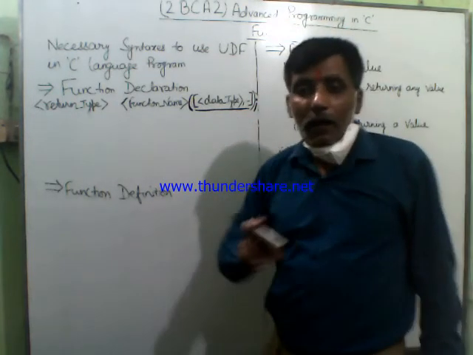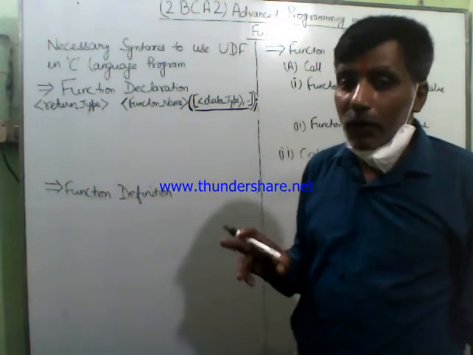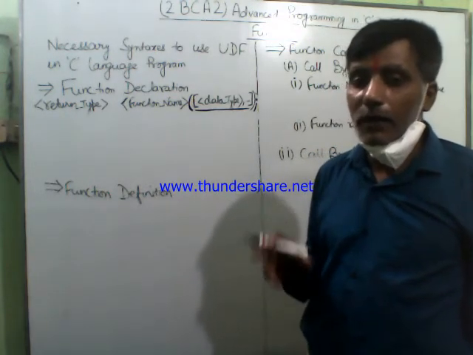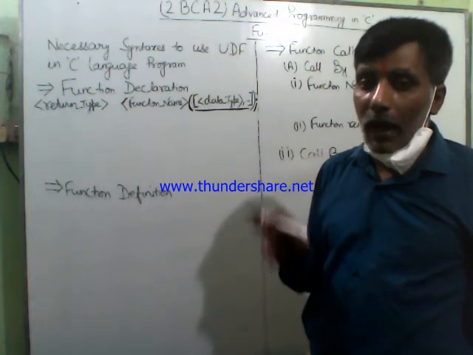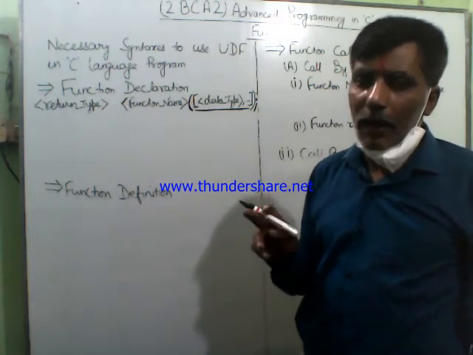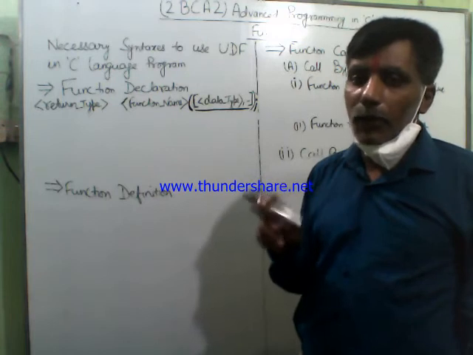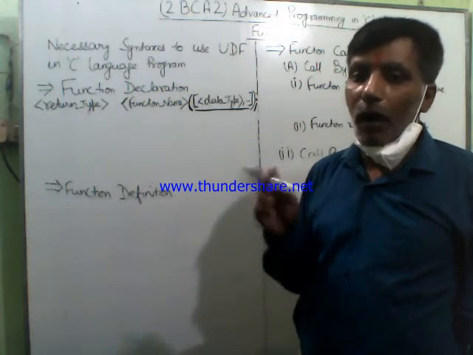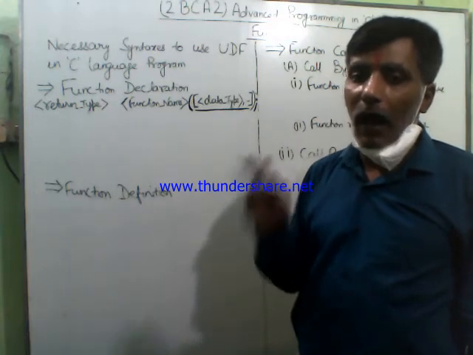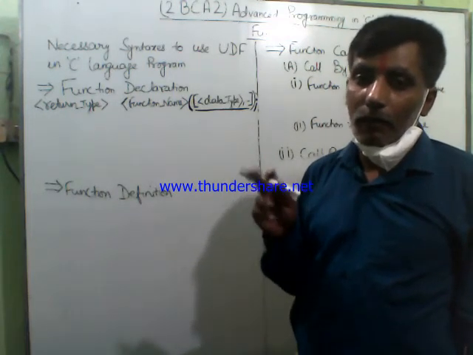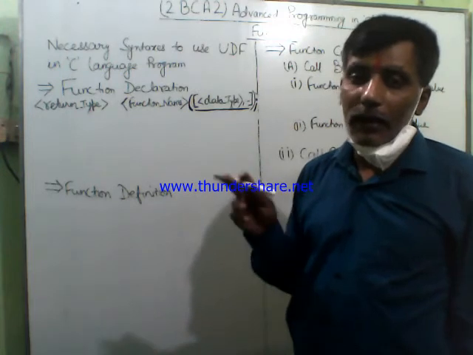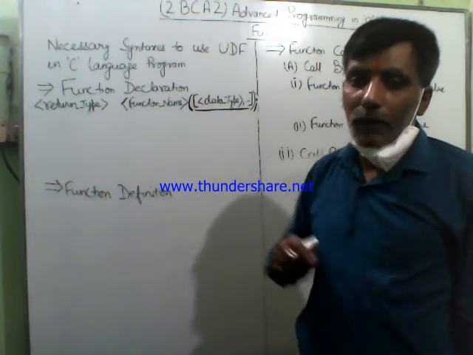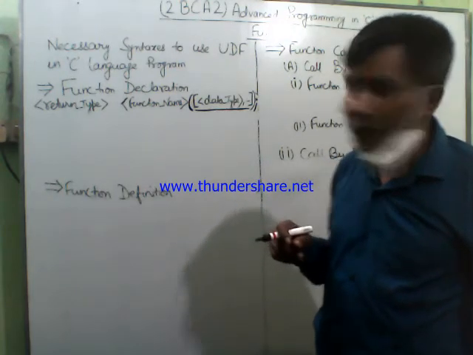Hence, I have already taught you that you have to take some decisions before using a user defined function in the C language program, and in the decisions I have taught you that you have to take a decision about the number and type of each respective argument that you are going to pass to your function while performing the function call in the program.